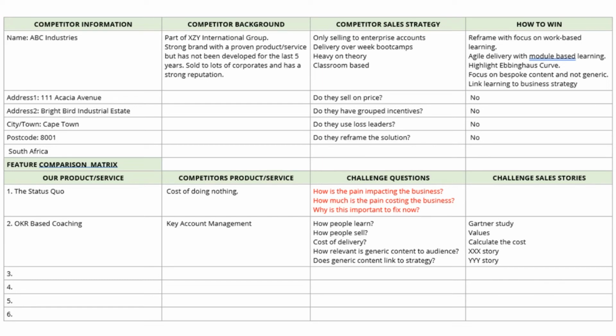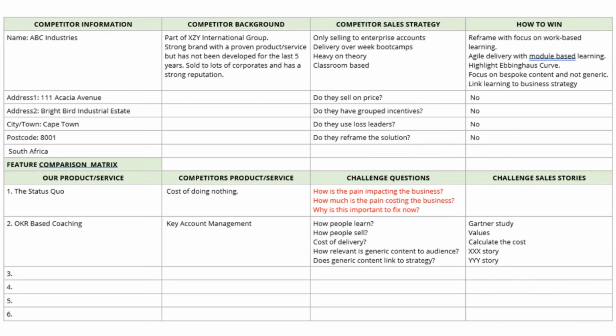What's the cost of having 10 salespeople in a classroom for one day? Work out, if they're on an average of, I don't know, 70,000 plus employers' national insurance, expenses, etc., that becomes an expensive one day to have them out of the field. So work out what these are. How relevant is generic content to the audience?